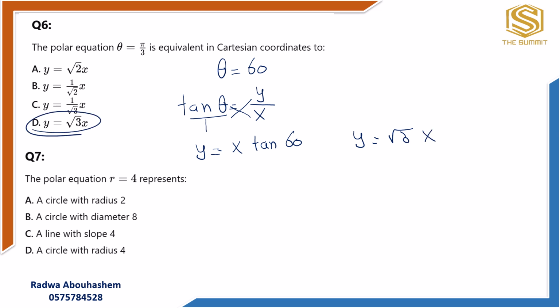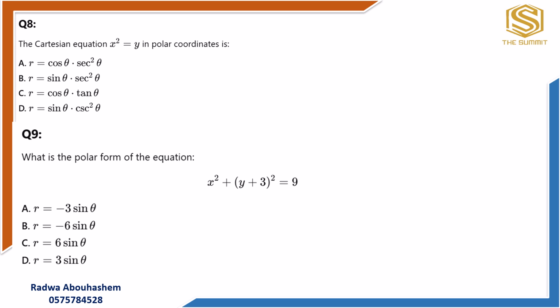A polar equation r equals 4 represents, r means the radius, so a circle with a radius 4. The Cartesian equation x power 2 equals y in polar coordinates is. Okay, let's see here. x equals r cosine theta, right? We know this. r cosine theta, but here it's squared, so I have to square them. And y equals r sine theta.